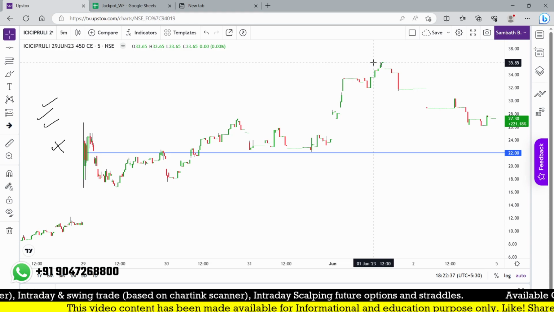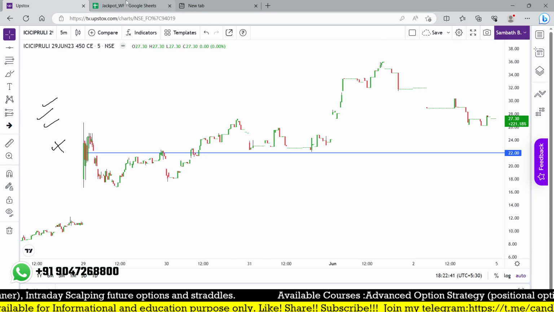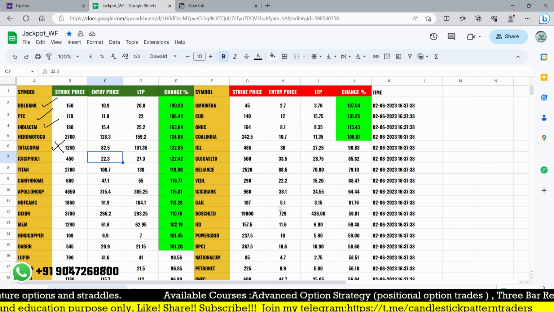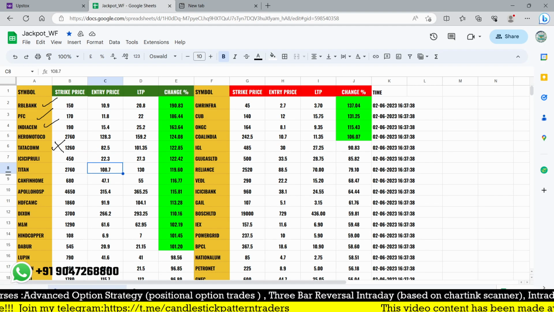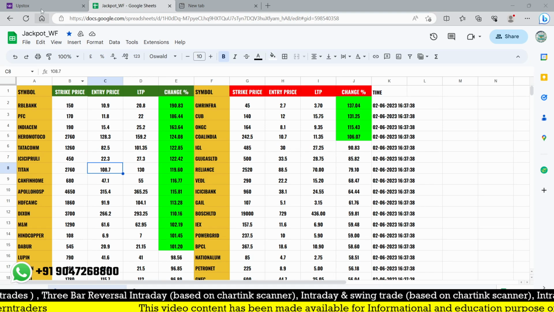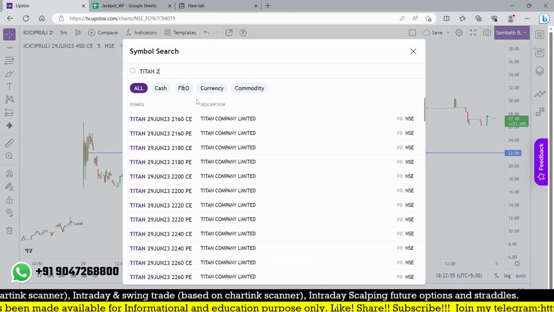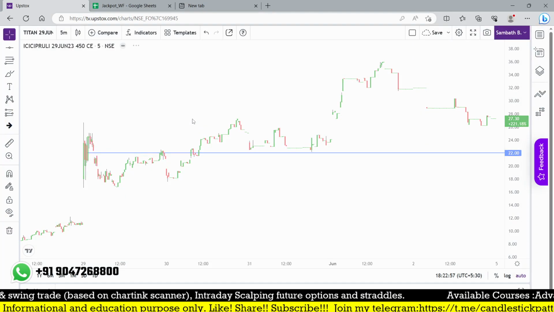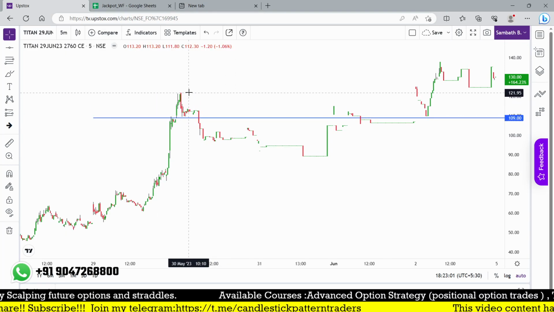We take the 29th and the 1st of the month, which triggers our target within the week. So this is a weekly opportunity. I just found this using the sheet, and Titan, many days, 3 days I think it is running, 2760. Let me go to Titan, 2760 call option, where we found the initial entry triggering at 108 and then 121.